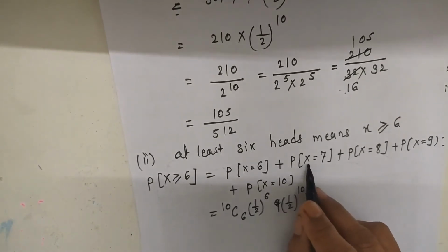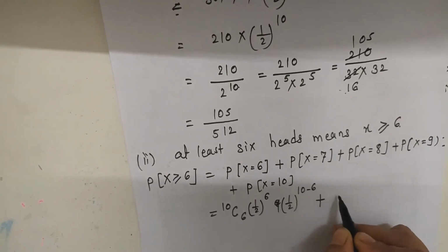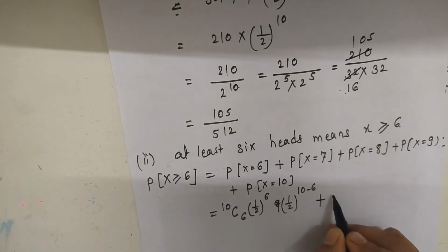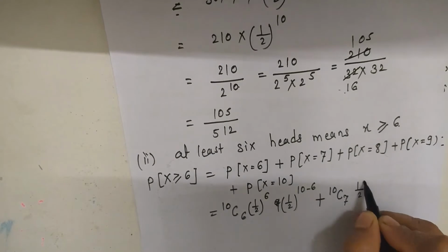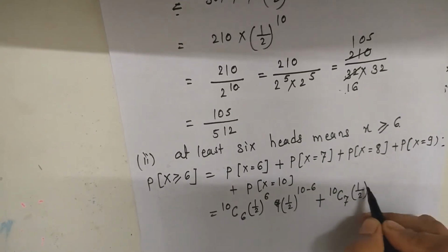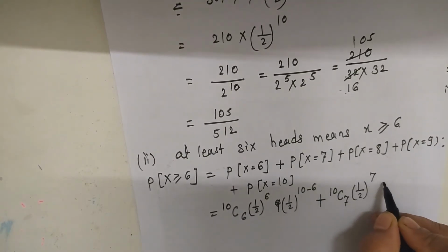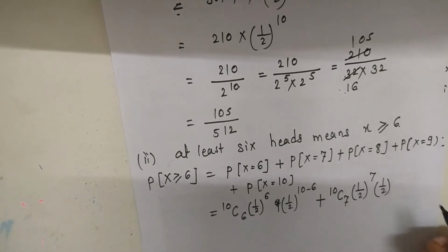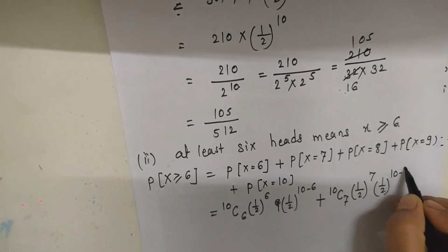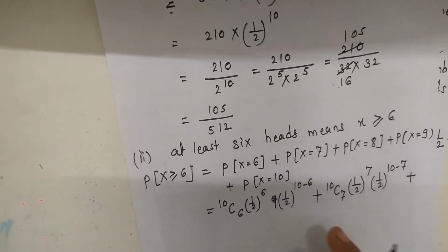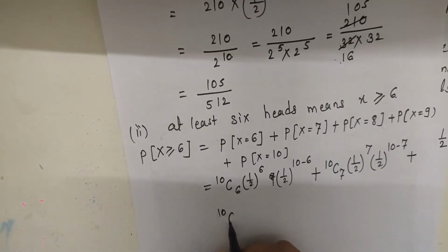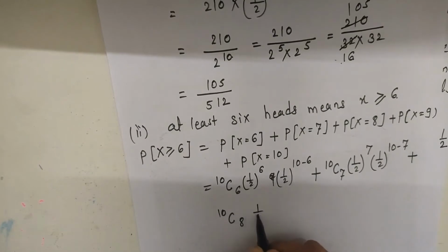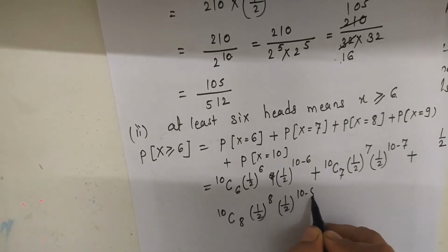Putting this value x is equal to 7 in the binomial distribution formula, then we get 10c7, p raised to 7, that is half raised to 7, and half q is equal to half raised to 10 minus 7. Now the next value x is equal to 8, that is 10c8 half raised to 8 and half raised to 10 minus 8.